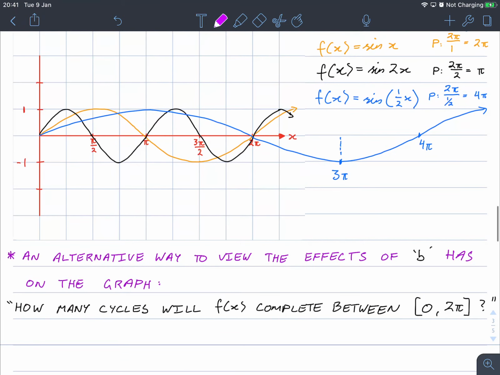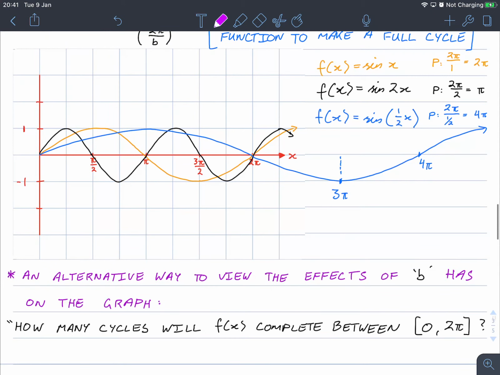An alternative way to think of this, B, is how many cycles will f of x complete between 0 and 2 pi. So if we had sine of 2x, that means it will have 2 cycles between 0 and pi. So 2 cycles, take a look. That's 1 cycle, 2 cycles.